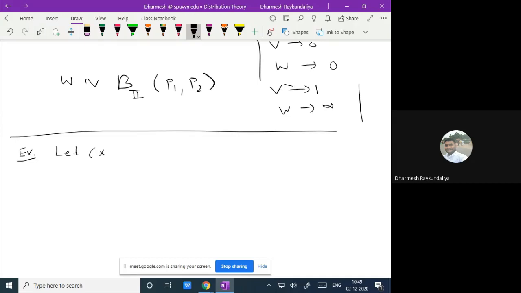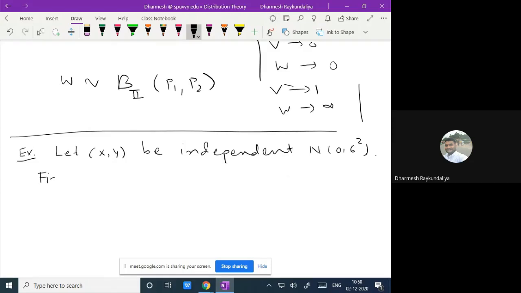Let X, Y be independent normal 0, sigma square. That means the distribution of X is normal 0, sigma square and distribution of Y is normal 0, sigma square, and it is given that both X and Y are independent.